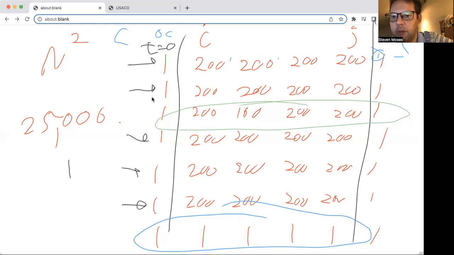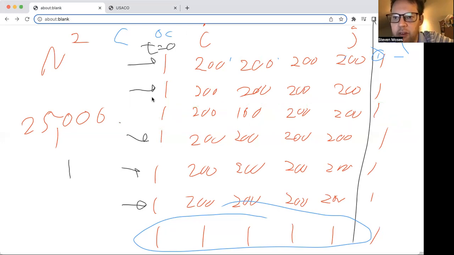Essentially, what we've got is 2 starting locations and 3 ending locations, which means that for rectangles that start above the row that has the 100 and rectangles that start below, we've got 2 times 3, which is 6, that are including above and below. In addition, we've got 2 where the 100 is on the bottom, 3 where it's on the top, and 1 where it's only that row by itself. So a couple ways you can count that.